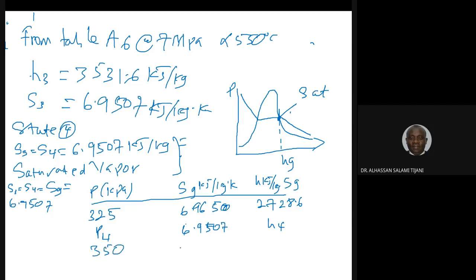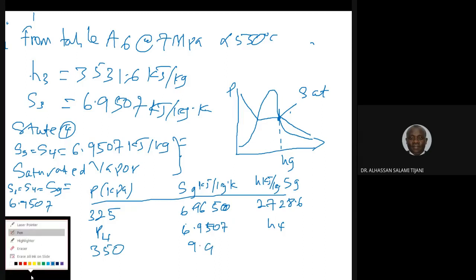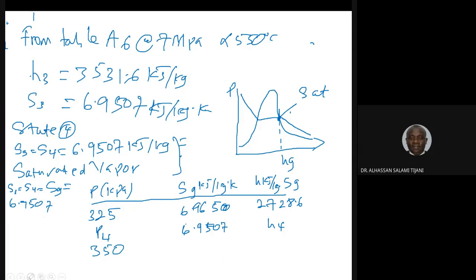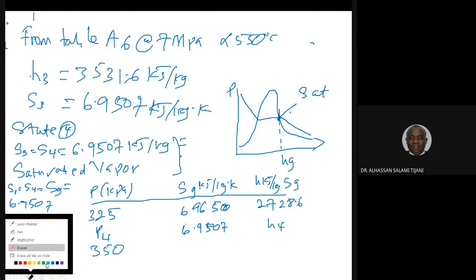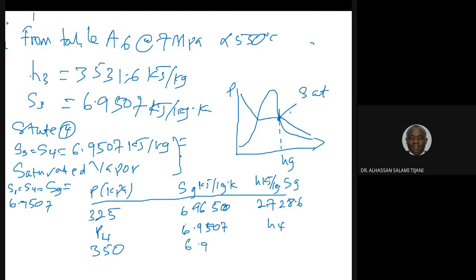So now the corresponding entropy for 350 kilopascal gives me Sg equivalent to 6.9402.